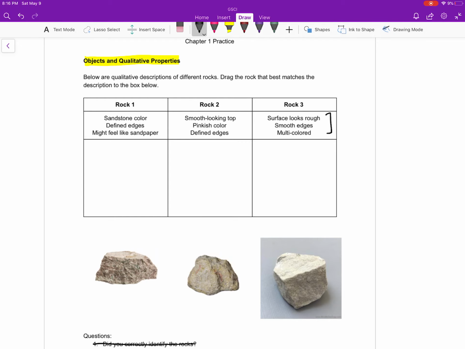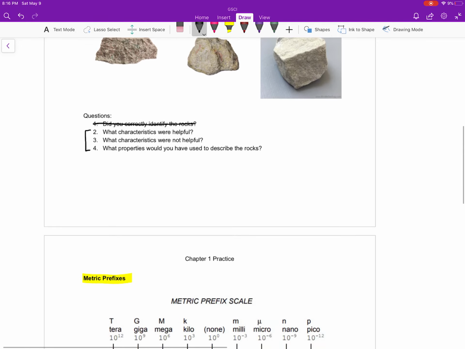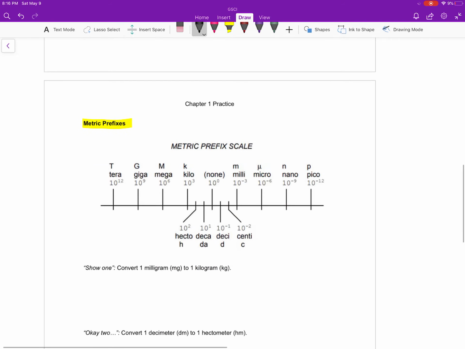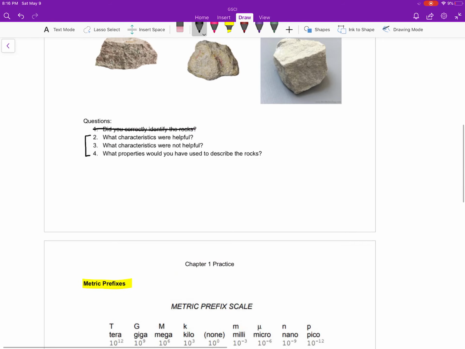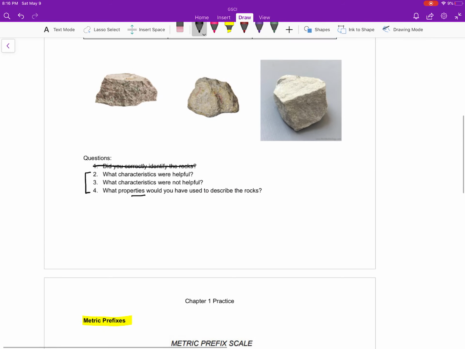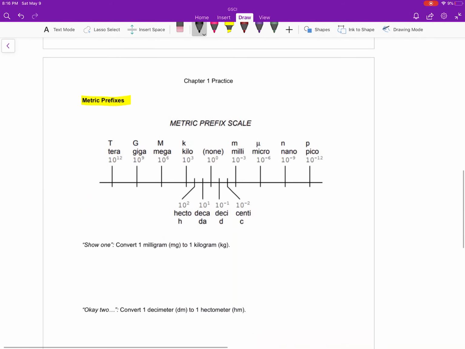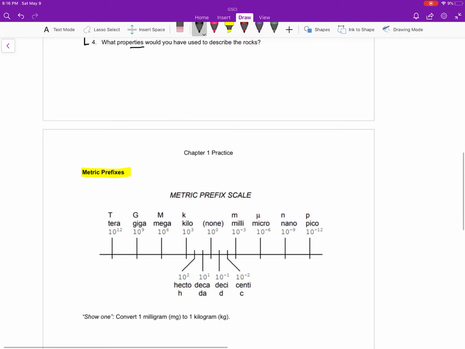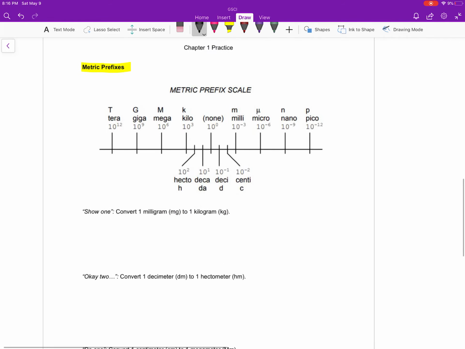You're going to pick which of the 3 was helpful, not helpful, and then maybe give a property that would have been useful in your opinion to describe the rock, something that would have distinguished it from the other 3 or made it easy to identify.